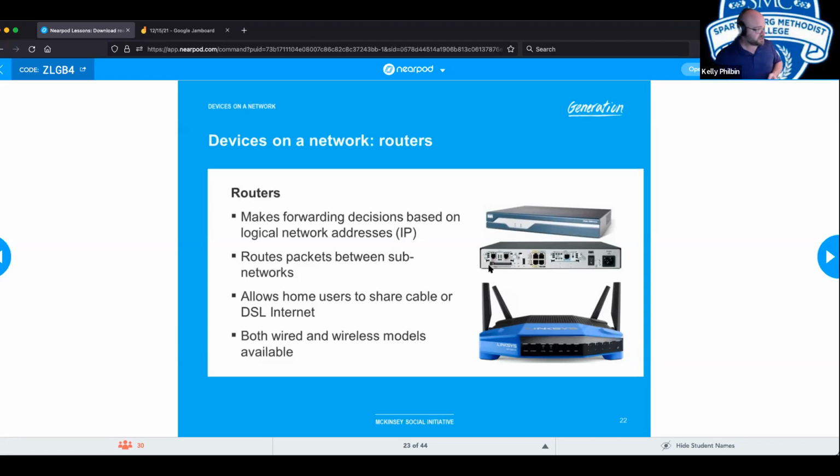Now, this one right here is kind of typical of what you would see in your house. This one is rather old, but this would be a router like you would see in your house. The ones in enterprise environments are really big, significantly different, much more robust, and wouldn't even have as many connections as yours does, because remember, yours wears multiple hats.